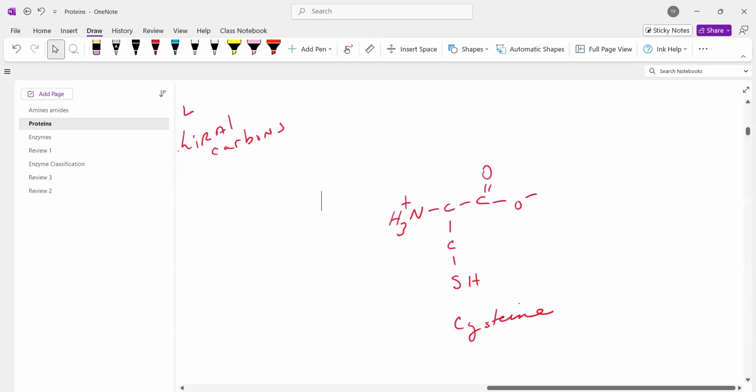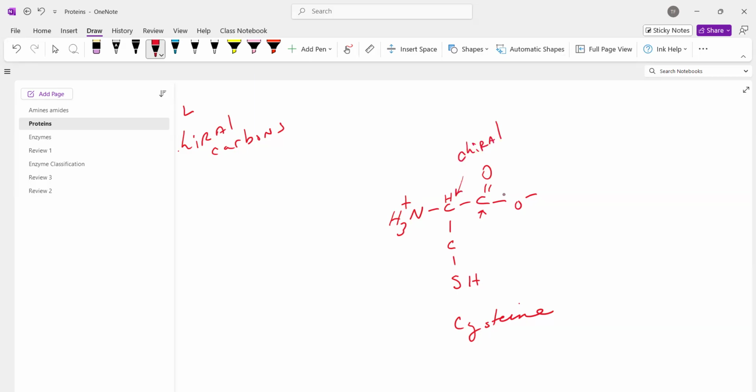However, if we look at cysteine, this carbon again can't be chiral because it only has 3 unique groups. And this is not missing an H, by the way. This is O minus. This is H plus. I'm going to talk about why this is the way it is in a minute. However, this carbon is chiral, meaning it has 4 unique groups attached to it.